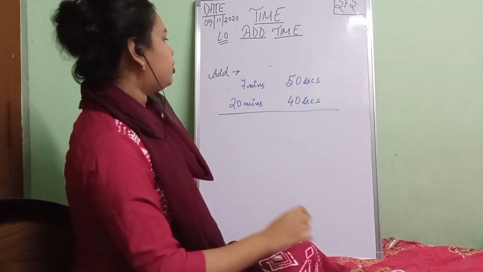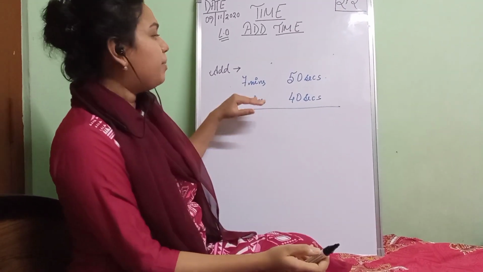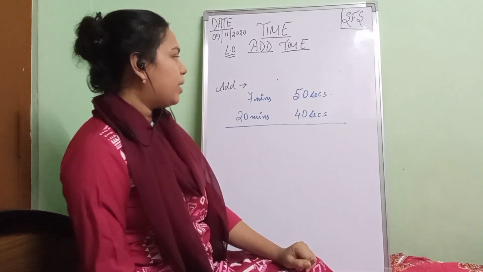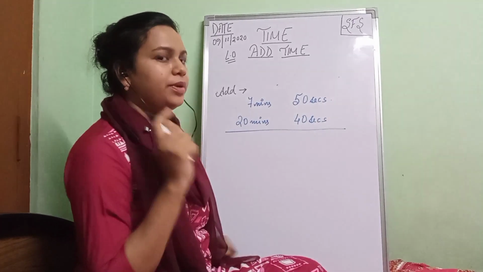Alright? Look here, children. What do we have? We have minutes and seconds this time, not hours and minutes. Okay? So if we have minutes and seconds, what do we know?